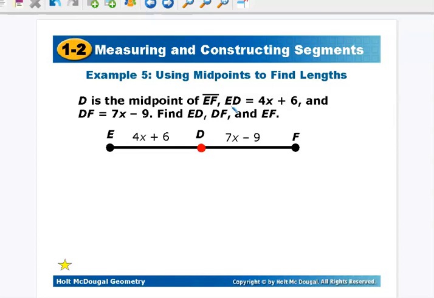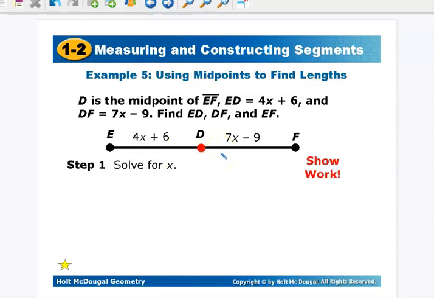Okay, we're back. In this case, this is a little bit different, and you may have been pretty confused on how to do this, but we do know that when we have a midpoint, these two segments, ED here, are congruent or equal to DF.